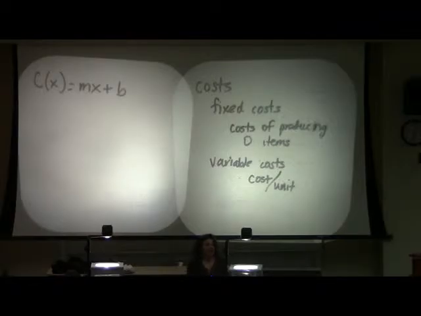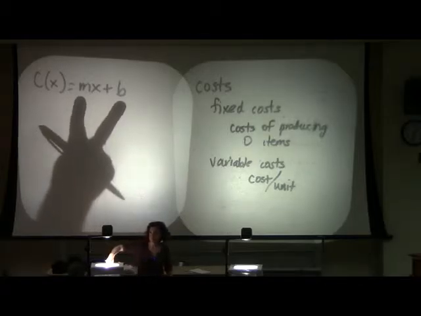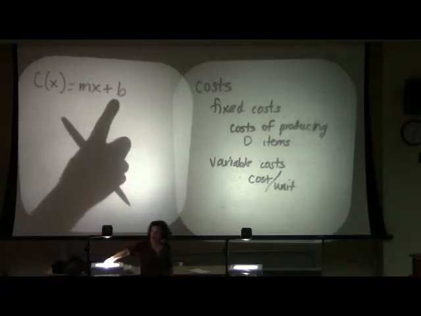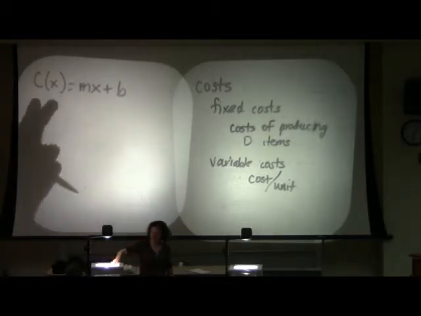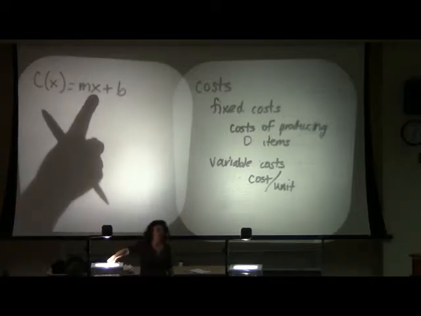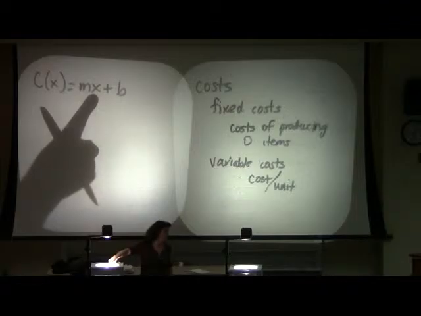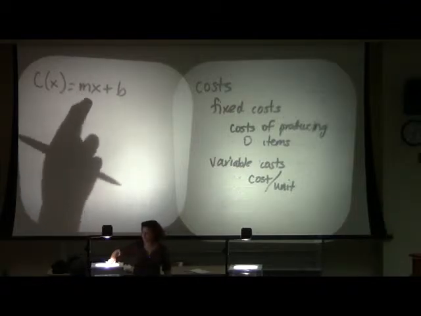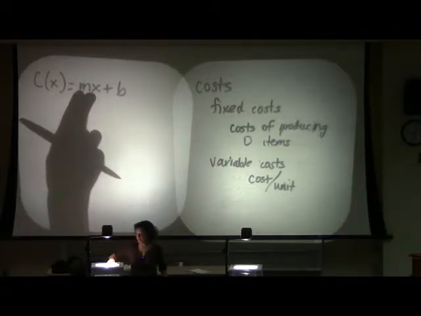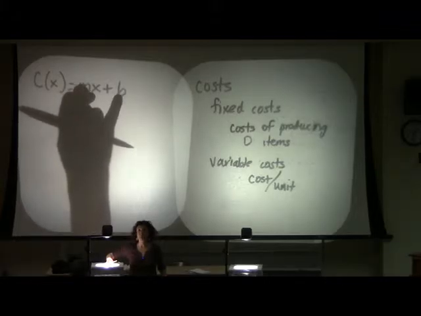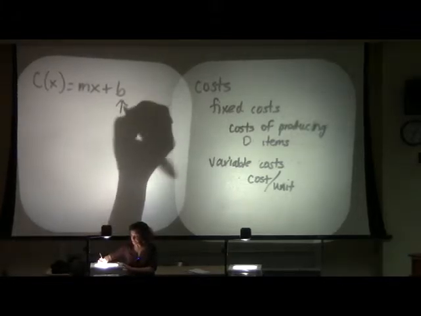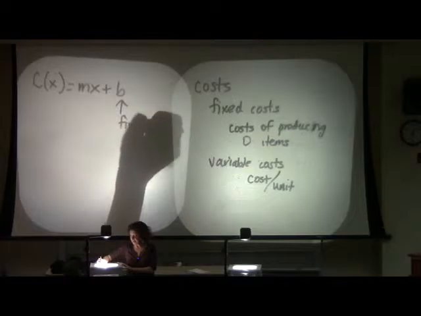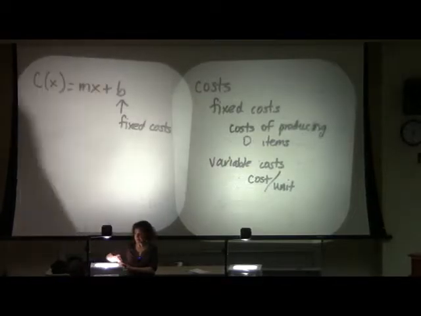Our fixed costs, I claim, represent one of our variables here. Okay? Aren't our fixed costs the cost when x is equal to 0? In other words, our cost when producing nothing. If I plug in x equals 0 here, what do I get? b. In other words, your y-intercept represents your fixed costs.